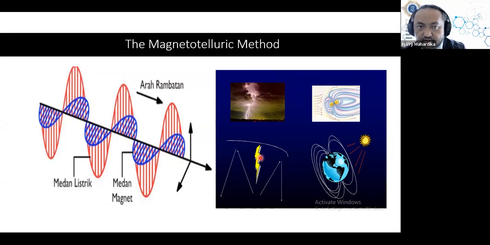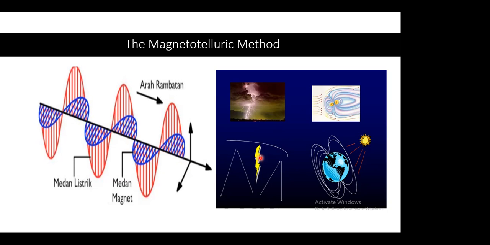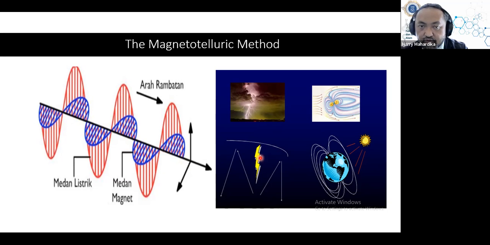Okay, is that answering your question? I guess the question is, does Hans know the frequency range of the measurement he was talking about here? Hans, do you know what is the frequency range of this study?